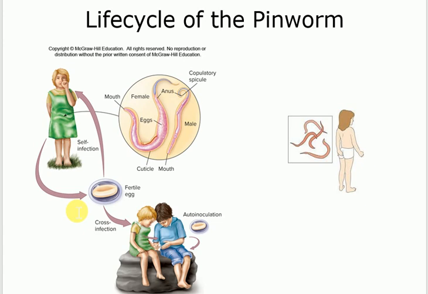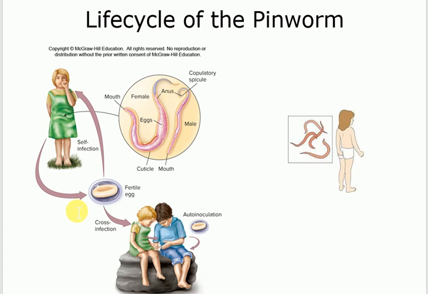This is their life cycle. Egg, larva, worm. Egg, larva, worm. If you look at this picture, male and female produce eggs, the egg becomes larva, and it can be transported or it can infect in different ways.